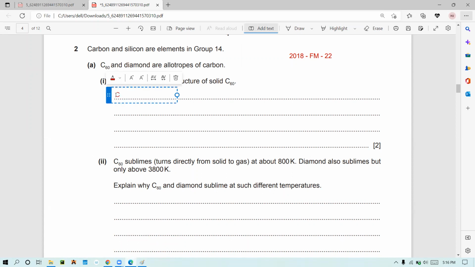We can say C60 molecules contain strong covalent bonds.